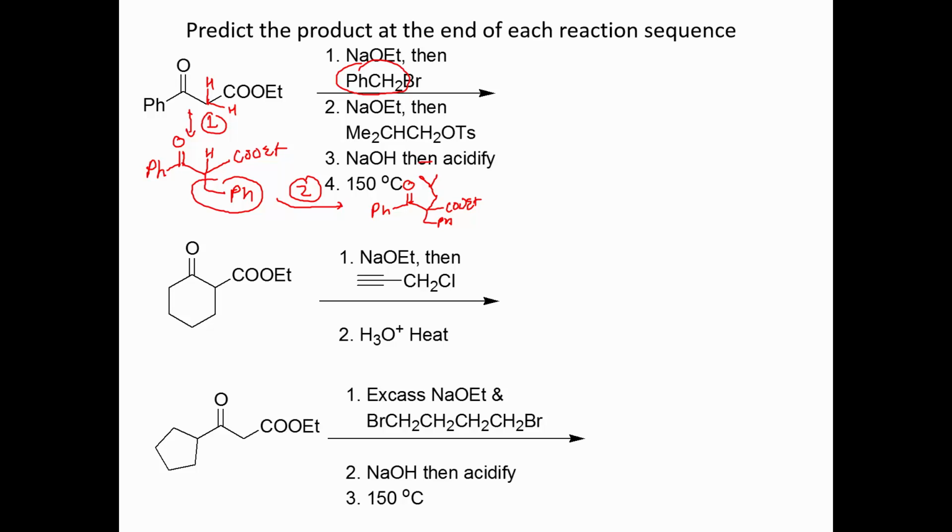Okay, there's our isobutyl group right there, from the tosylate in an SN2 reaction. All right, then in these two steps here, we're going to hydrolyze the ester. It's going to become a carboxylic acid, and then we're going to lose CO2. And our product is this product right here.